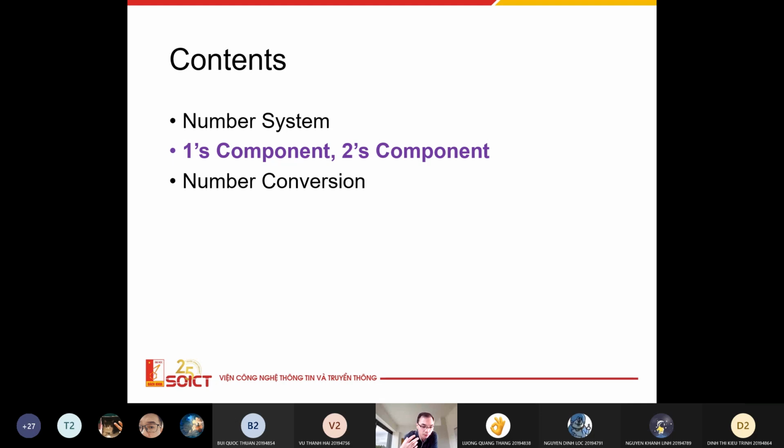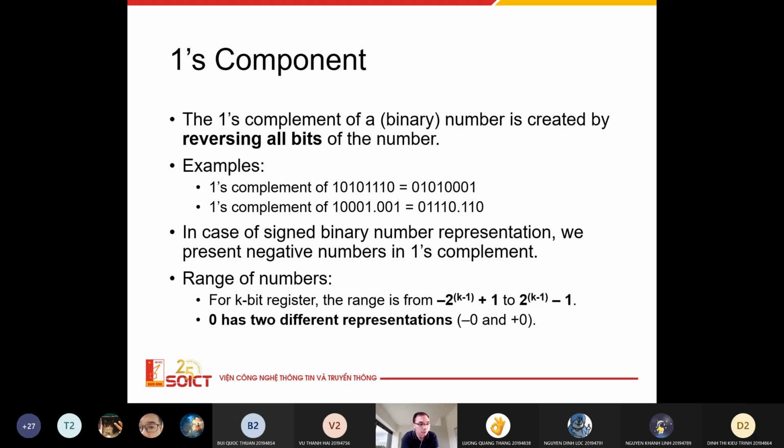In the binary number system we have only two types of complements, the ones and the twos. To get the ones complement of a binary number, we only need to reverse all bits of the number, right? For example, I want to find the ones complement of this binary number.